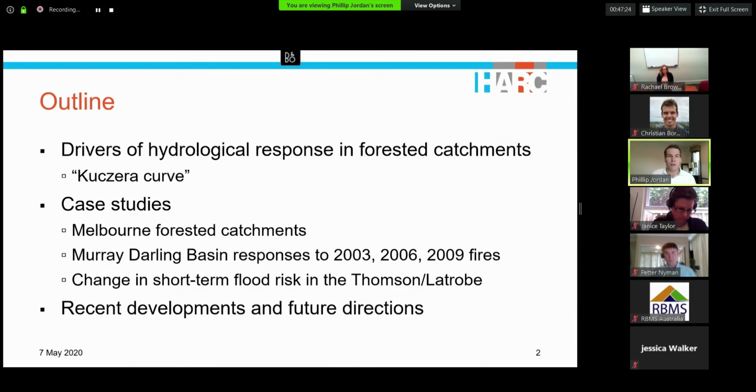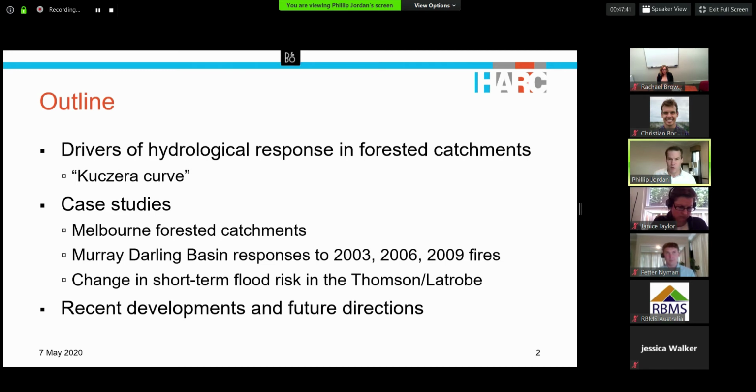In outline today, I'm going to talk about the drivers of hydrological response in forested catchments, and that's the classic Kuczera curve. Then I'm going to talk about three specific case studies. The first looks at water yield from Melbourne's forested catchments.